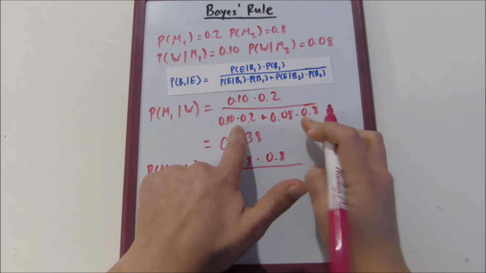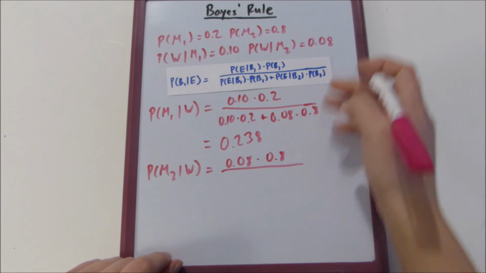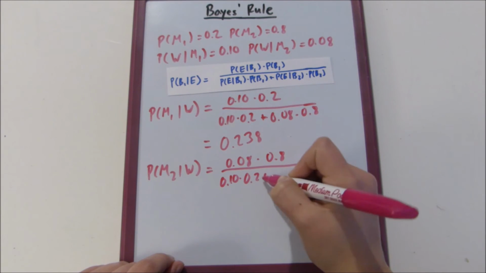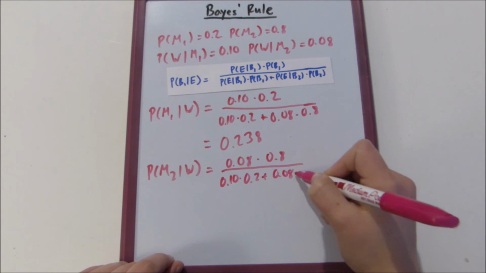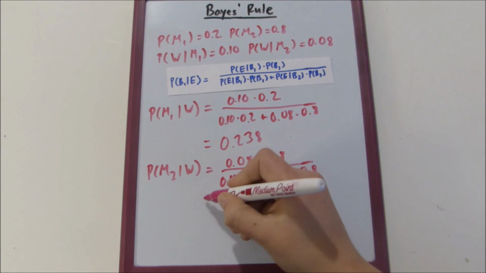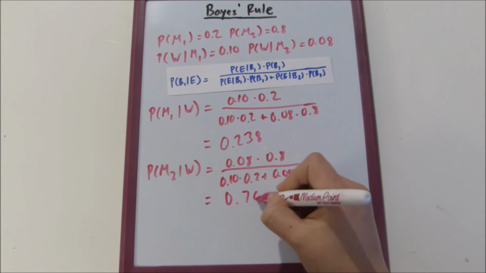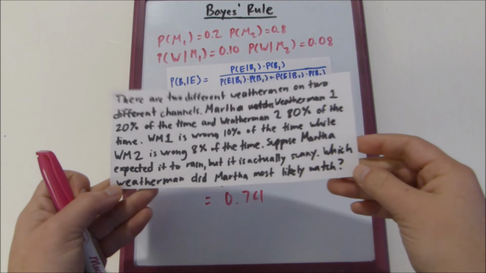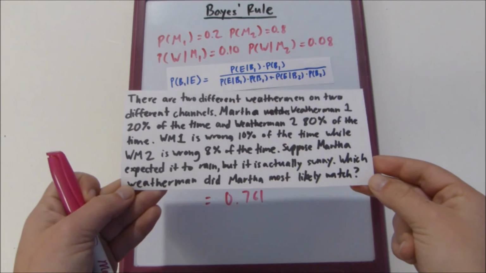We just take this same denominator because it's the same numbers. They're not going to change. Solving for the total probability of the event that the weather is determined wrong. This ends up being 0.761.